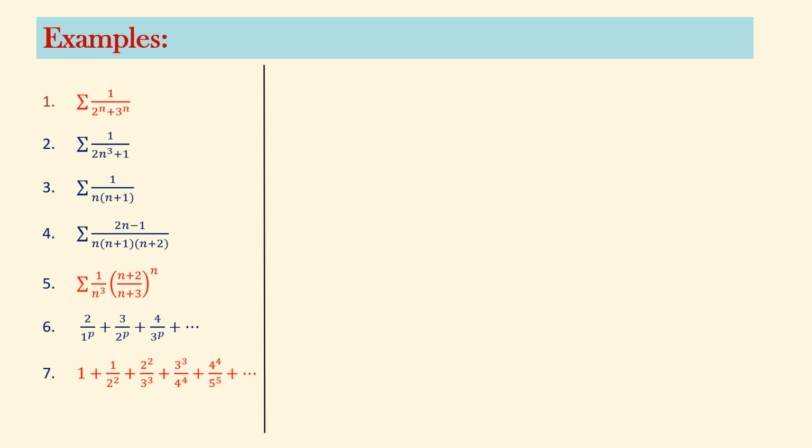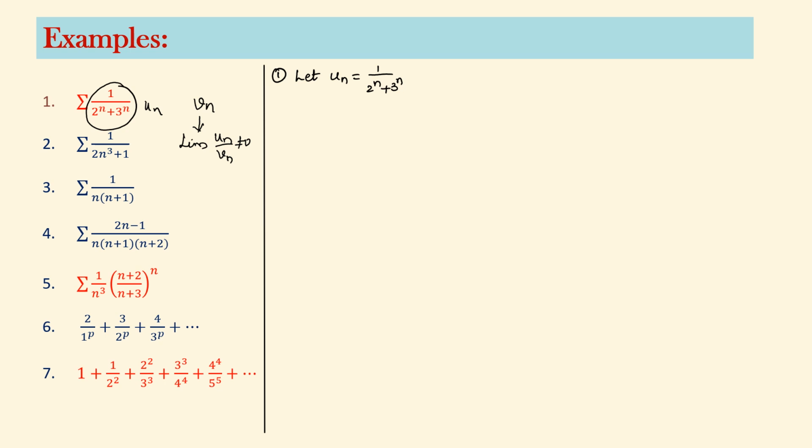So our first problem is this. Let us take this as our un for all problems. So let un is equal to 1 by (2 power n plus 3 power n). So we have to choose Vn in such a way that its nature is known to us, that is whether it is convergent or divergent, and we should be able to calculate limit of un by Vn, and it should not equal 0.